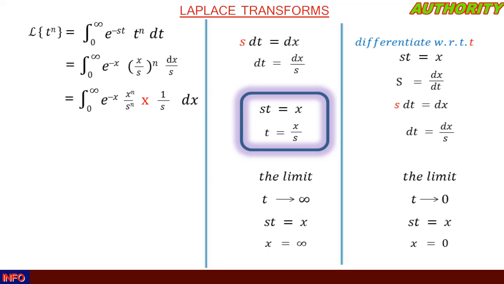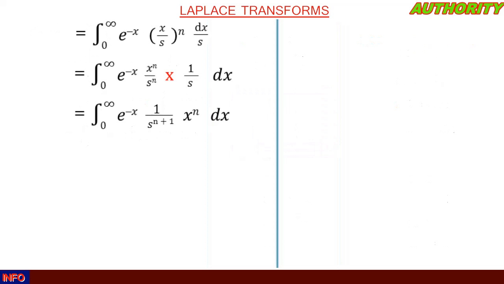Here we can also bring down this x raised to the power of n. So when you separate it, it's still the same expression as saying the integral from 0 to infinity e raised to the power of minus x. Okay? When you say s raised to the power of n multiply by s, applying the law of indices, we are going to add their exponents, their powers. So s raised to the power of n times s is going to give you s raised to the power of n plus 1.